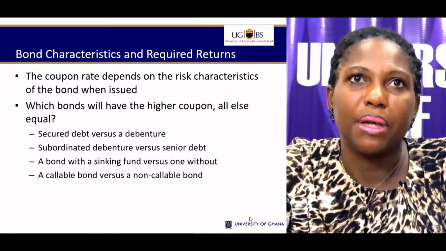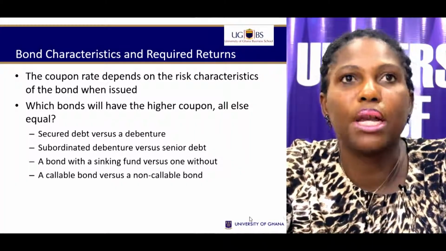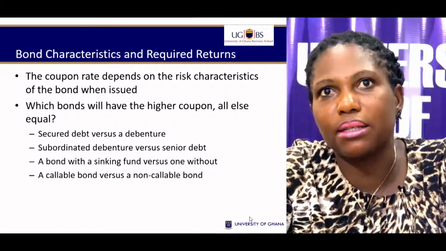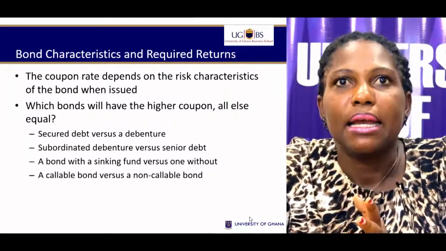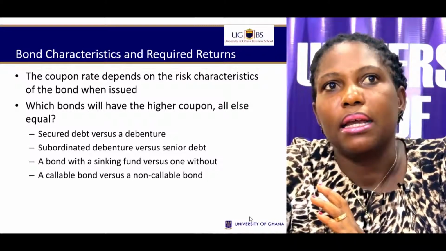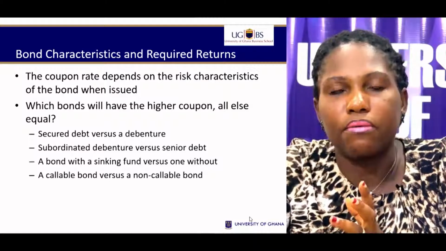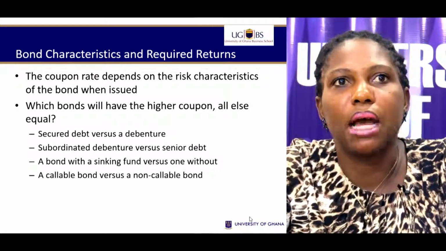Now, typically the coupon rates depend on the risk characteristics of the bond when issued. A bond will typically have higher coupon rates, all else equal, but if it's secured, then the rate is likely to be lower compared to when it's a debenture, which is unsecured.